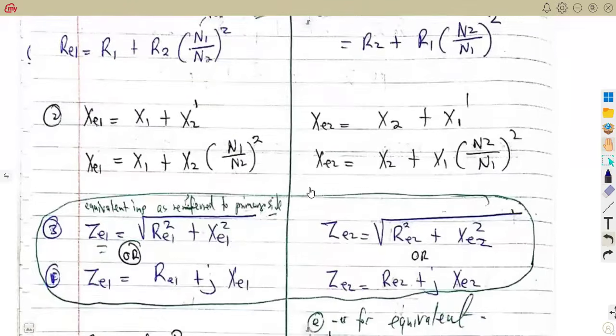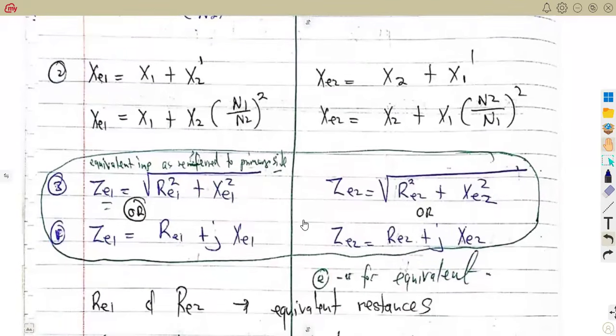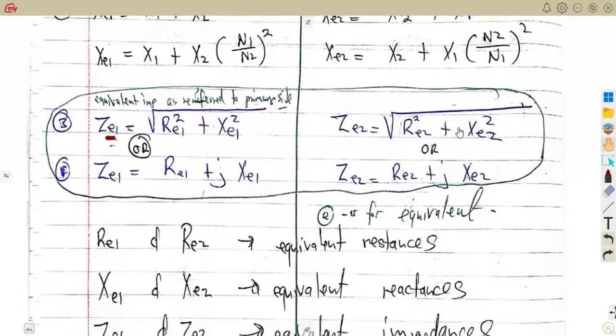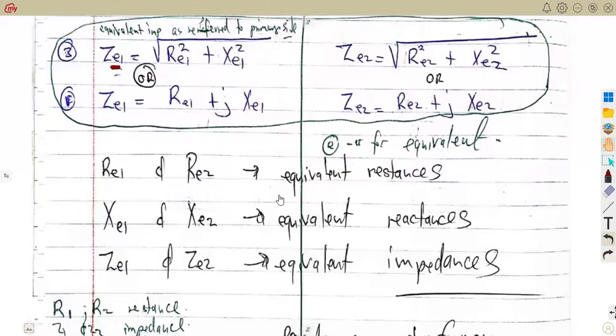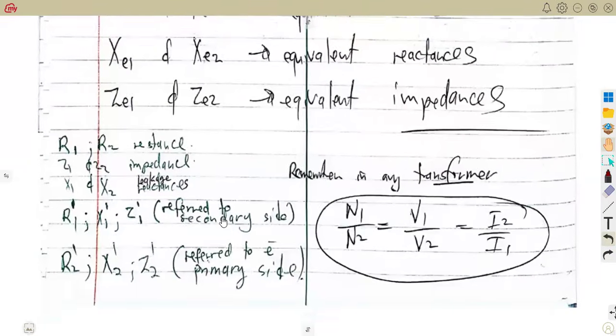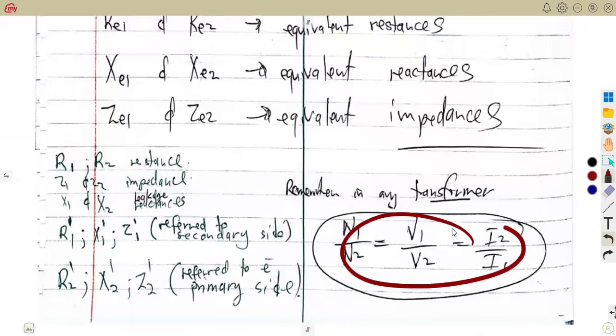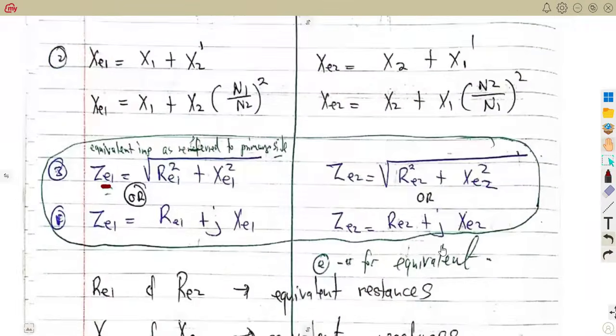Talking of the reactances, remember how from your equivalent conditions, you had the equivalent value of the impedance from the square root of RE squared plus XE squared. We can now make the reactance XE the subject. Remember your equivalent reactances and resistances. From that formula, you can make whatever you want the subject. We just made adjustments on our transformer ratio, so everything remains as it is.